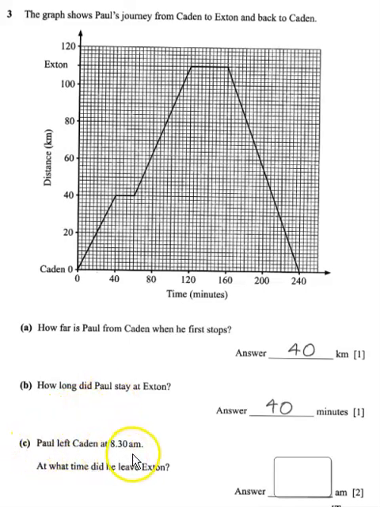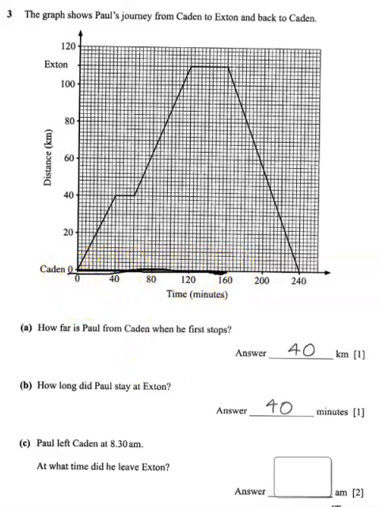Paul left Caden at 8:30 a.m. At what time did he leave Exton? So what you're looking at is this bit here. It goes all the way up to 160.